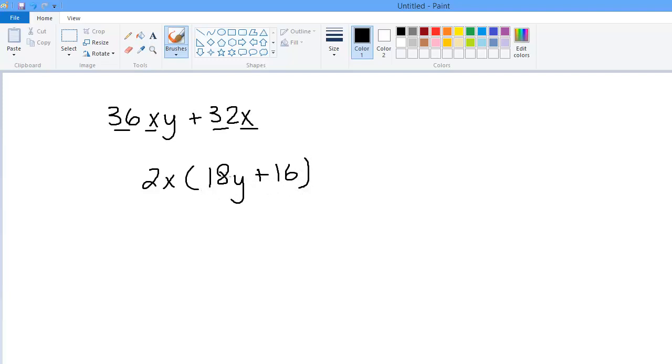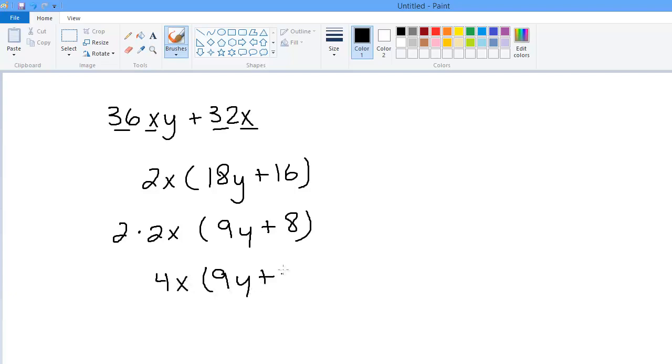Okay, now clearly this is also divisible by 2 still, so I can pull another 2 out. Now what this would be is 2 times 2x, and this will become 9y plus 8. Okay, and now the 2 times 2x on the outside becomes 4x, so 4x times (9y plus 8).